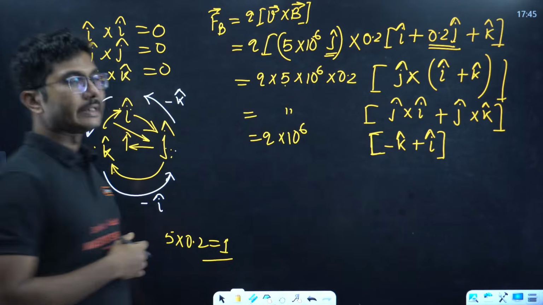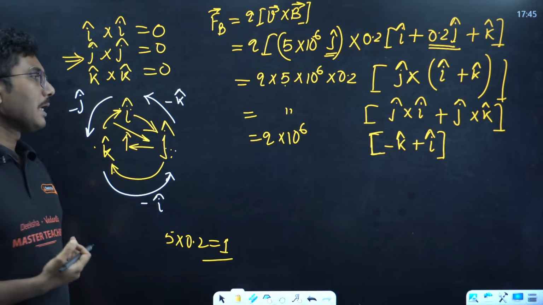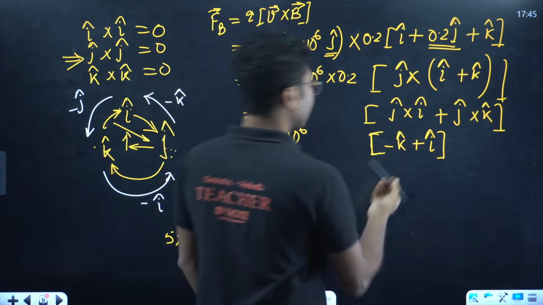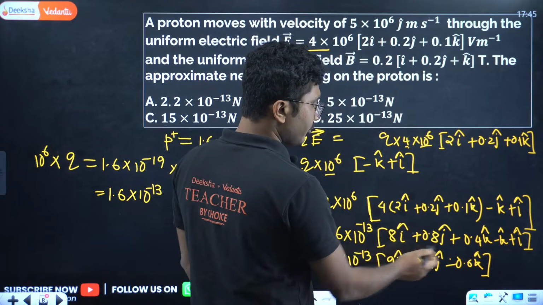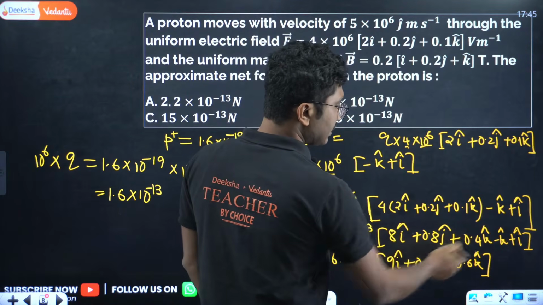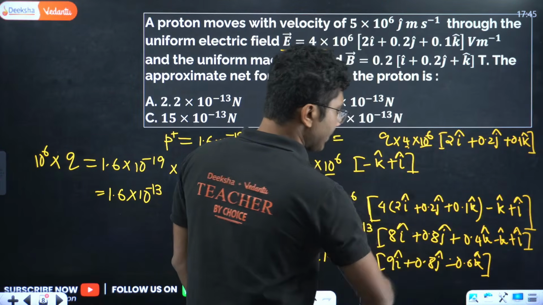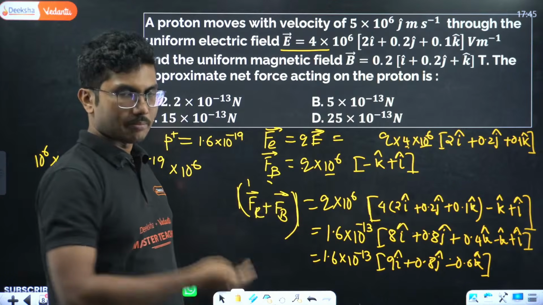So this is the x component, this is the y component, this is the z component, right? So you basically need to square them and add them, but there is a shortcut method.